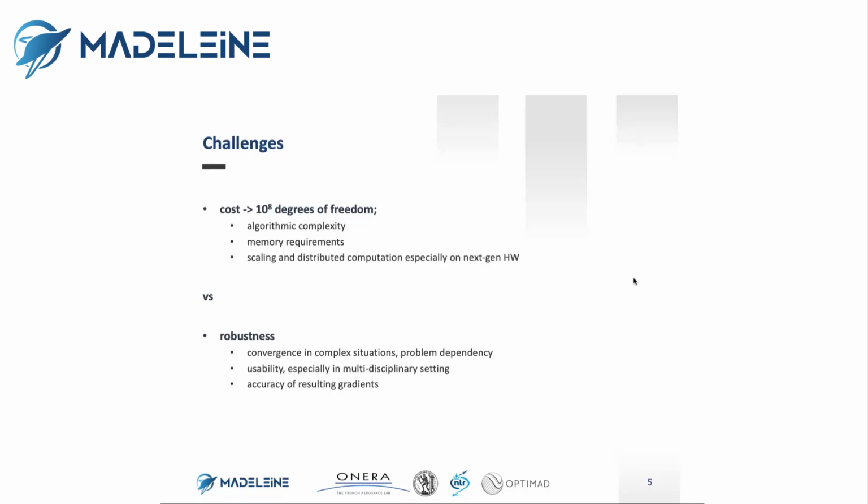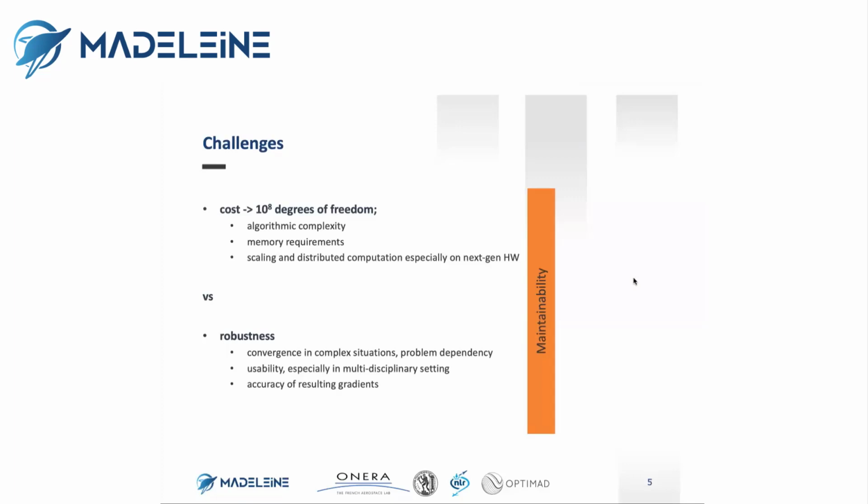The maintainability of all this is another aspect, because we often come up with very optimized codes that work very well for a certain problem on a certain machine. But we all know that, for example, the hardware, especially in this period, changes a lot.